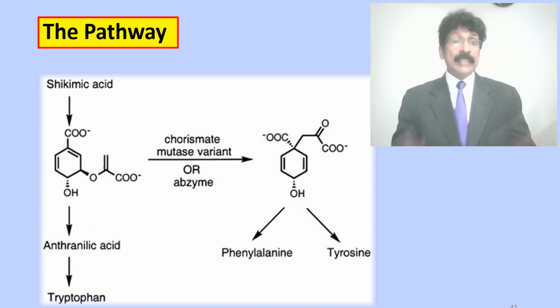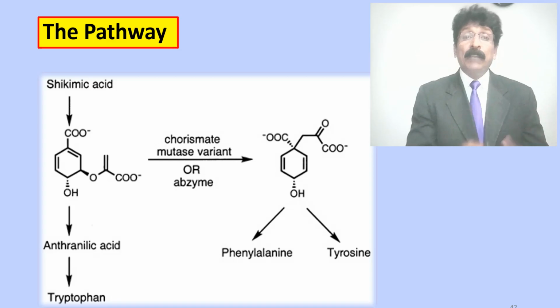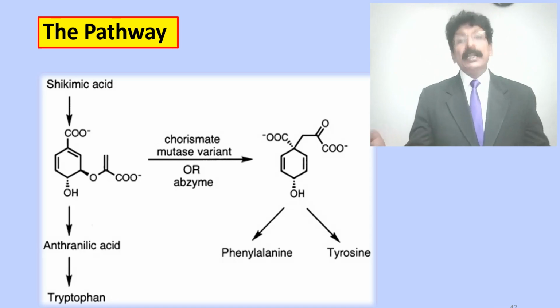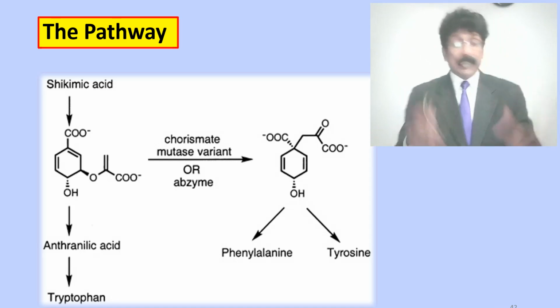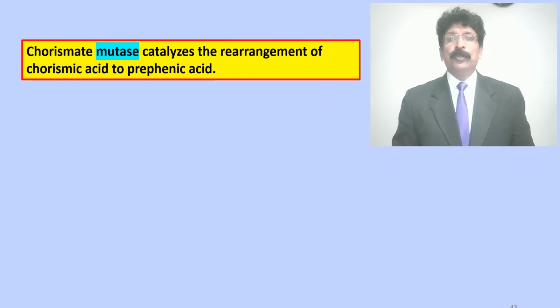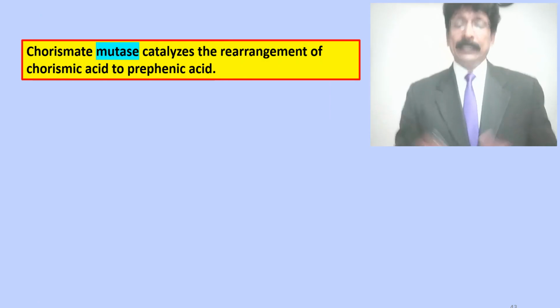The same chorismic acid will be converted into anthranilic acid and it gives rise to tryptophan. We will see it step by step and the structures very clearly, and it will be interesting for you to remember and write.